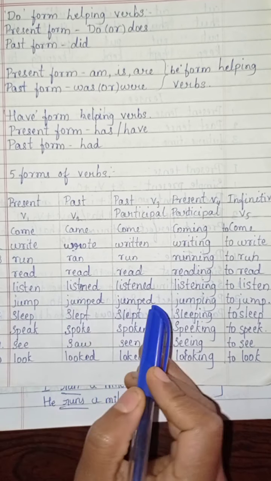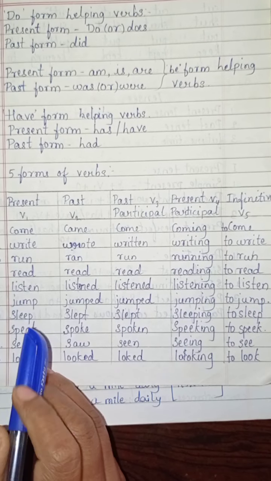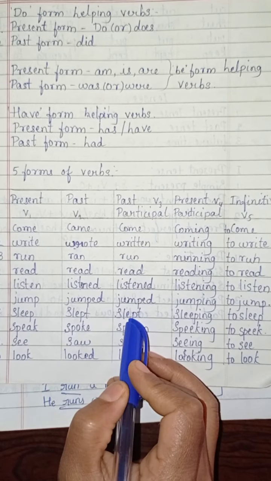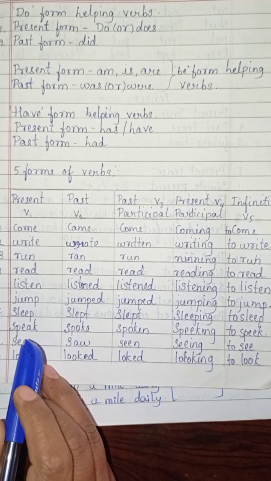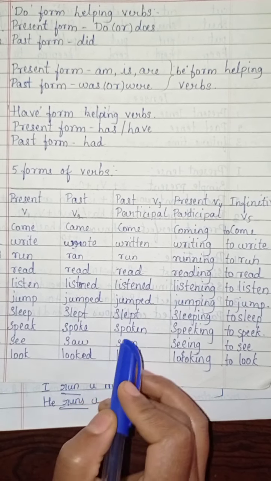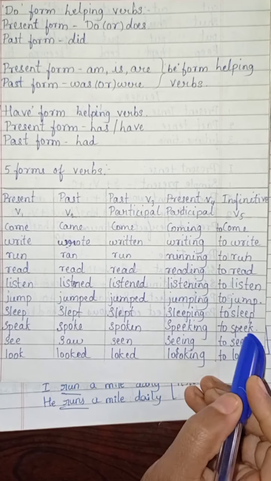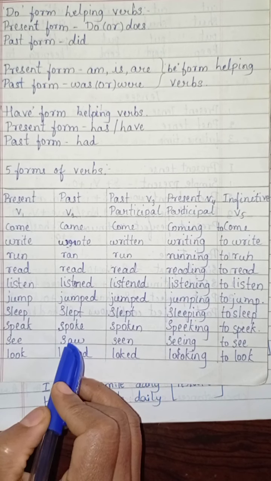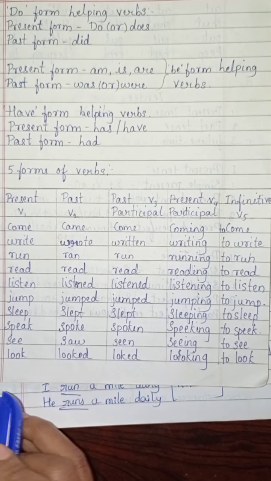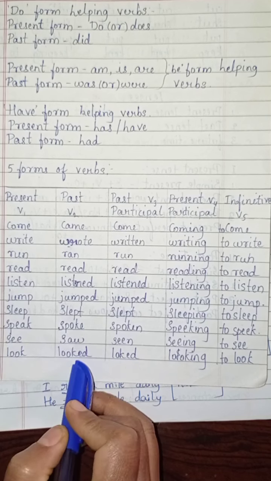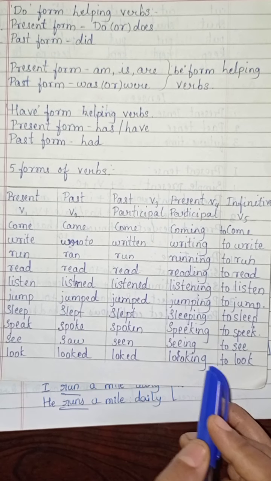Jump, jumped, jumped, jumping, to jump. Sleep, slept, slept, sleeping, to sleep. Speak, spoke, spoken, speaking, to speak. See, saw, seen, seeing, to see. Look, looked, looked, looking, to look.